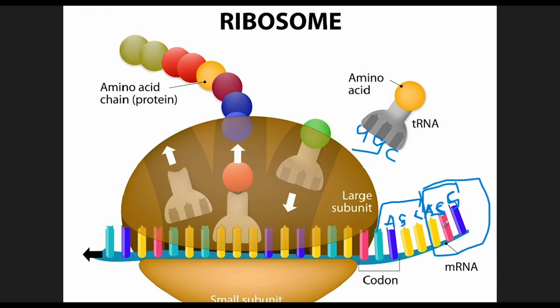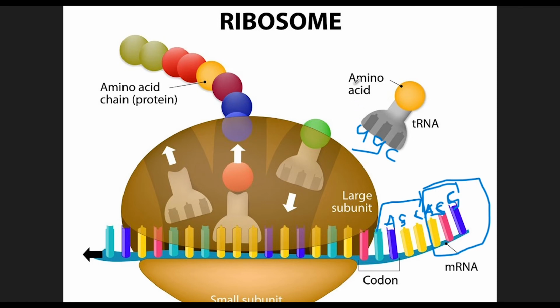So you have your codon from the messenger RNA that was made inside the nucleus using the strand of DNA. Then you have your anticodon, which is brought by the transfer RNA together with the correct amino acid that was coded by the messenger RNA.